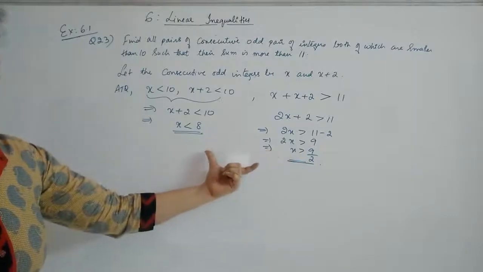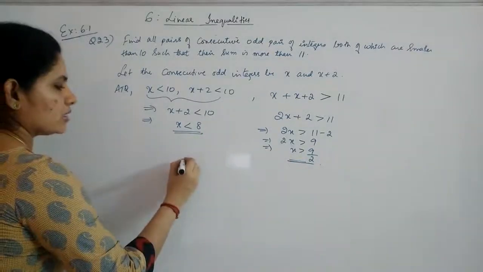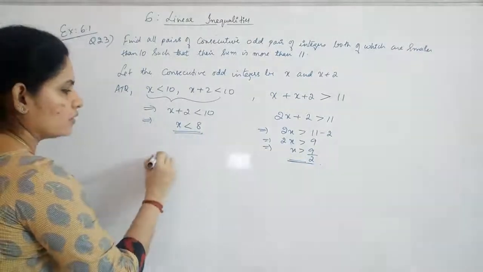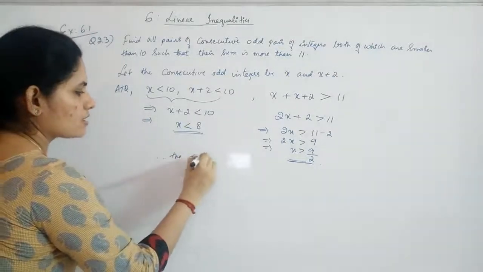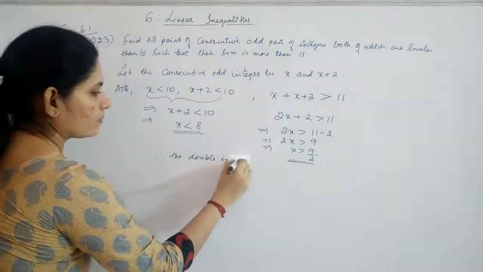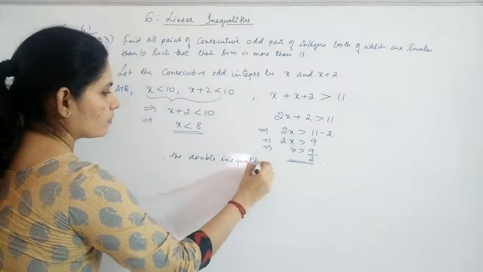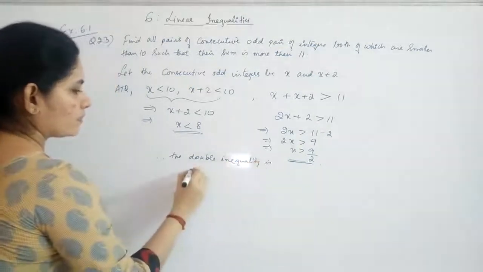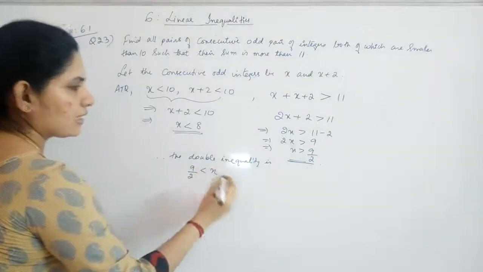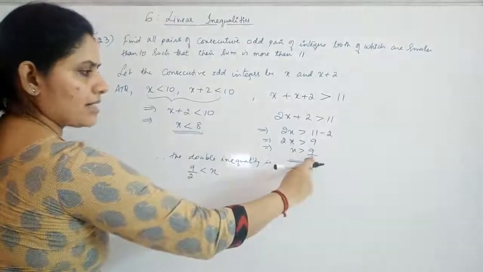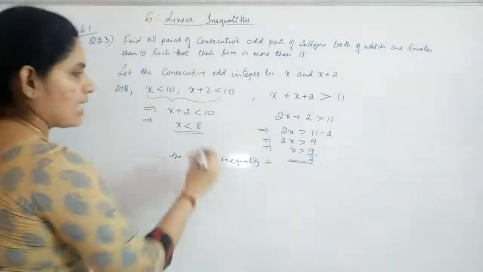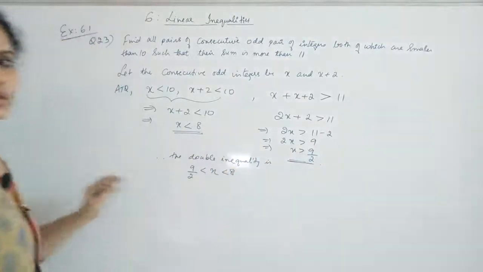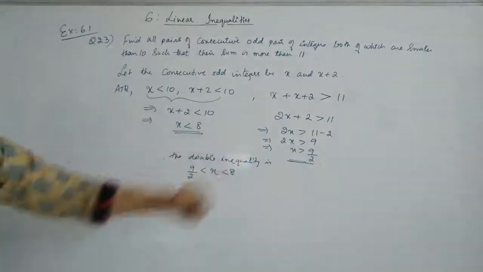Combining these two, x is lying between them. Therefore the double inequality is 9 by 2 is less than x, and x is less than 8. Here x greater than 9 by 2 is the same as 9 by 2 is less than x. So this is your double inequality combining these two inequalities.